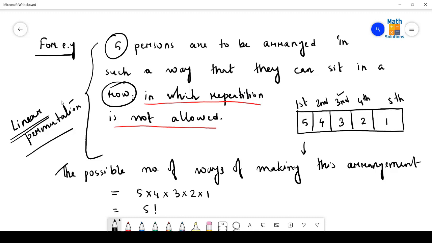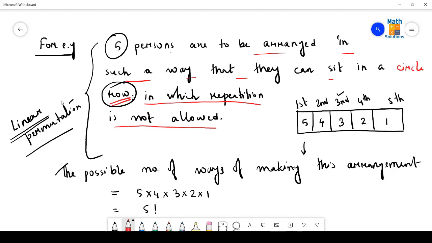The same question, if I consider once again, and suppose 5 persons are to be arranged in such a way that they sit in a circle and not in a row, in which repetition is not allowed. So in this case, what will happen?